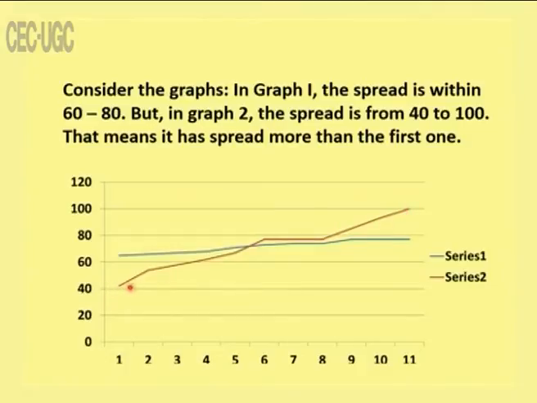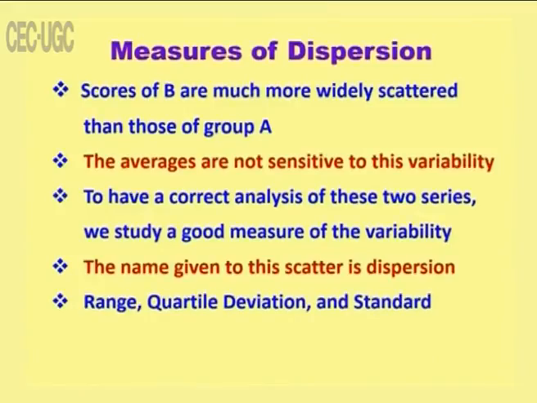That means the variability of data set B is much more than the variability of data set A. So the scores of B are much more widely scattered than those of group A, and the averages are not sensitive, as we have already seen.